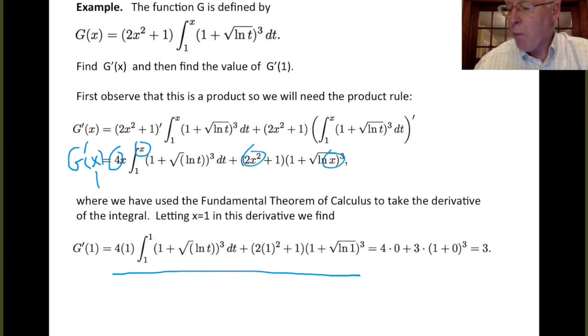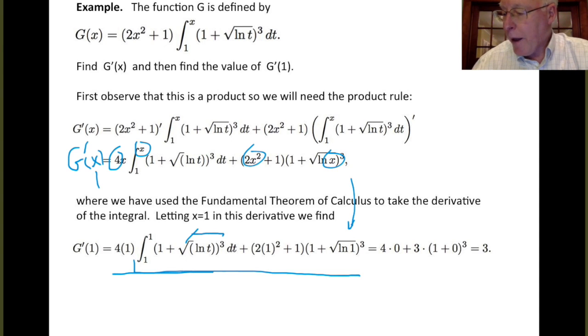When I do this, I get 4 times 1, and then the integral from 1 to 1 of 1 plus the square root of the log of t, cubed. And then in the second part, 2 times 1 squared plus 1, and then 1 plus the square root of log of 1, because x is 1, and all that's cubed.